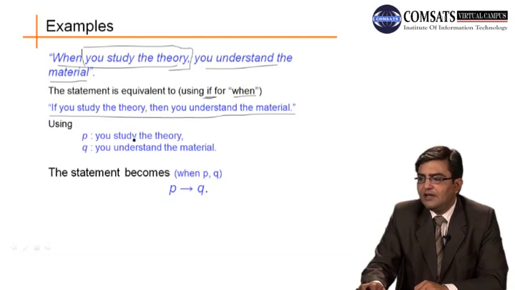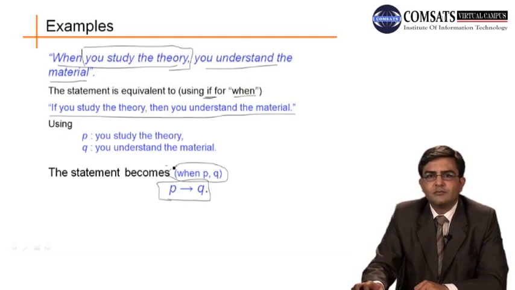So if you take P as you study the theory and Q as you understand the material, then the statement becomes P implies Q, or if P then Q. The form of the given statement is written here as when P comma Q.